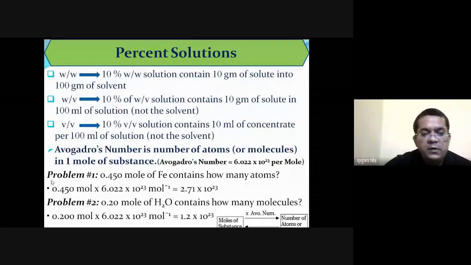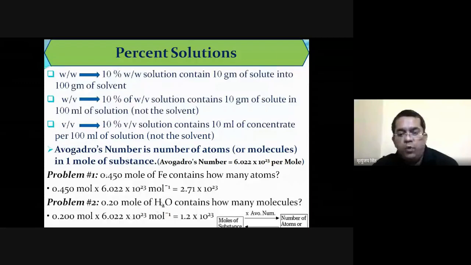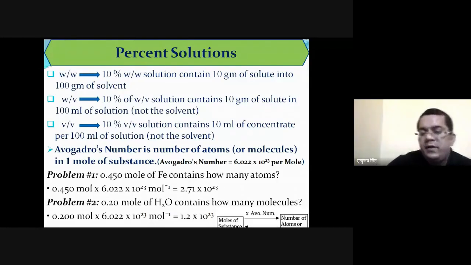Two problems are given here on Avogadro's number. For moles of a substance, you just multiply by Avogadro number to calculate the number of atoms or molecules, and if the number of atoms or molecules is given, just divide by Avogadro number, you get the moles of the substance.